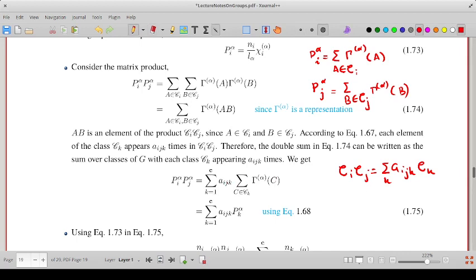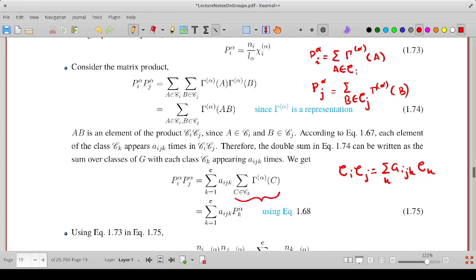Also I have to take the sum over all elements in that class Ck. So this product P alpha I, P alpha J is simply the sum over C in Ck of gamma alpha C, but each class Ck will appear aijk times, so I have to multiply its contribution with aijk. Then I have to sum over all classes, the sum over k running from 1 to C.